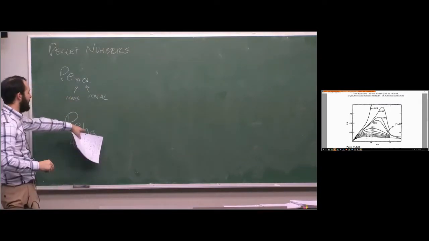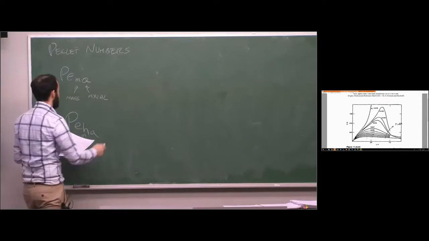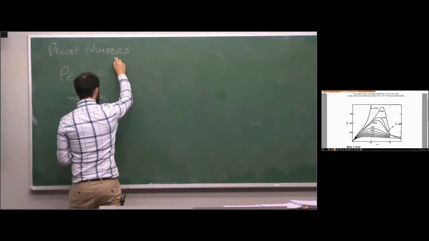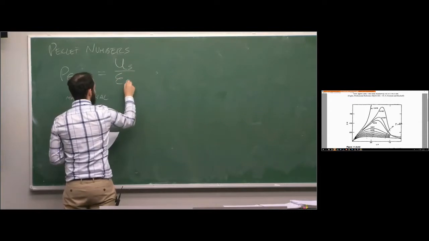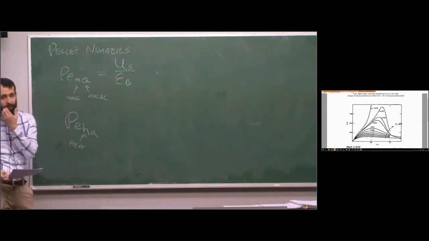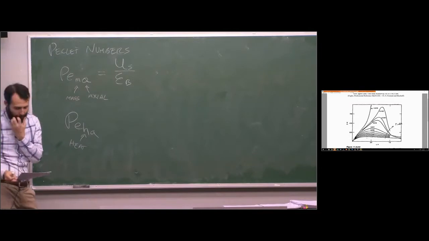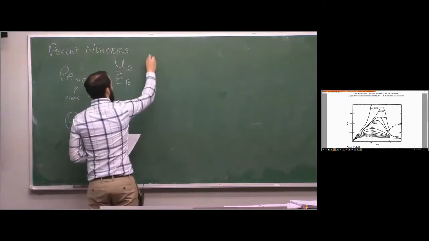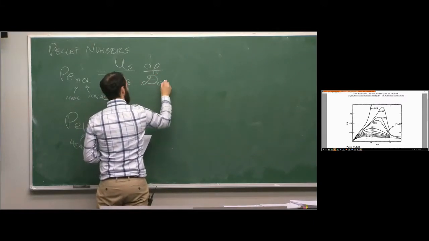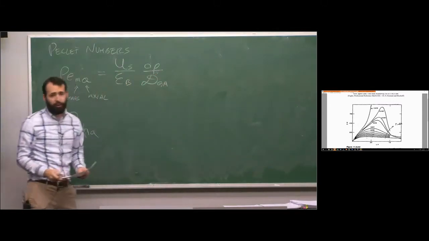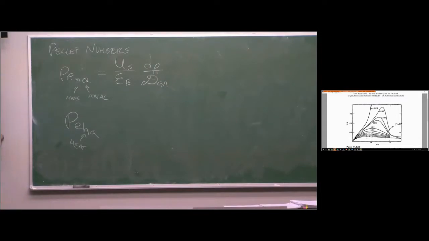And these are subscripts, even if I write them way too large. We get the superficial velocity, the void fraction of our bed, the diameter of our particle, and the effective diffusivity. So the things that we expected to see.